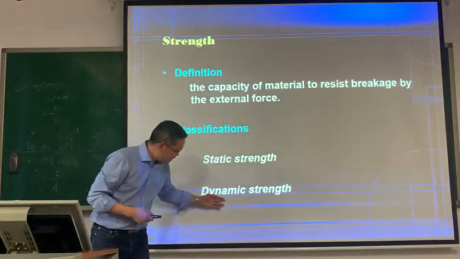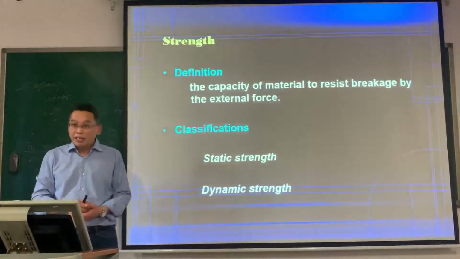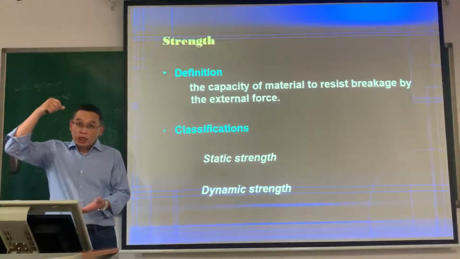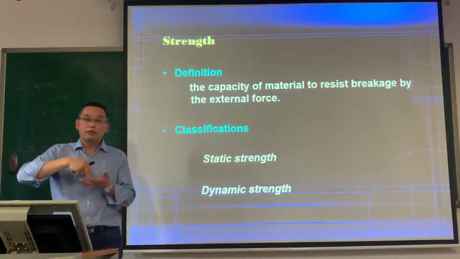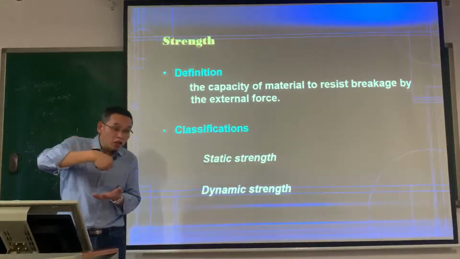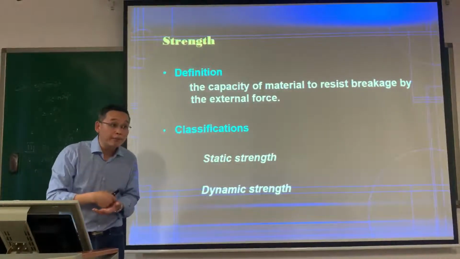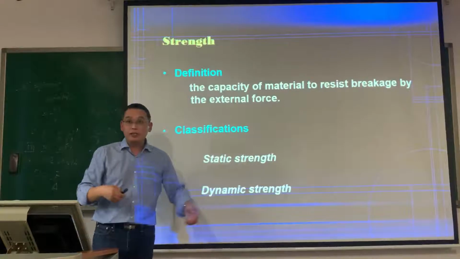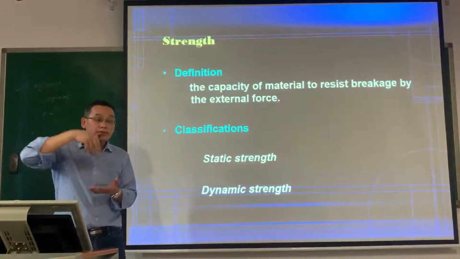And what is dynamic strength? Dynamic strength means we apply the load on the material in a very, very short time. But for static strength, we apply the load on the specimen slowly.